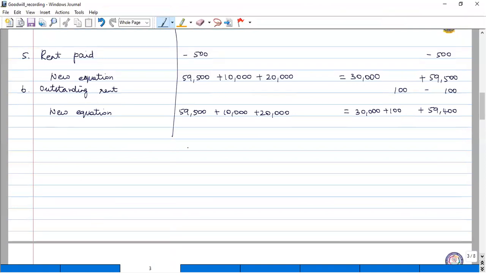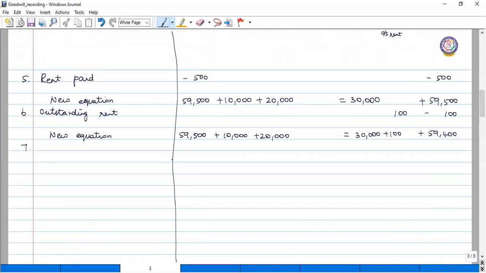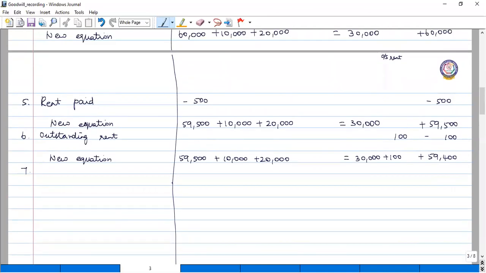Coming to the seventh transaction, bought furniture 5,000 on credit. So we have purchased furniture on credit. So include furniture here. Okay. Bought furniture on credit. Yes.